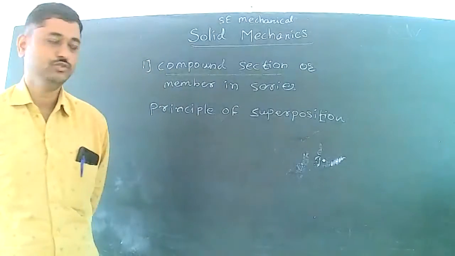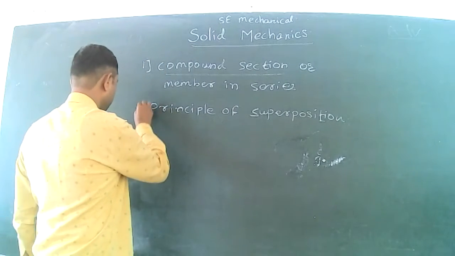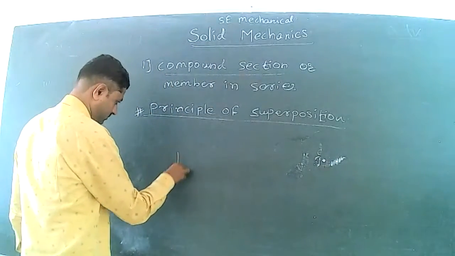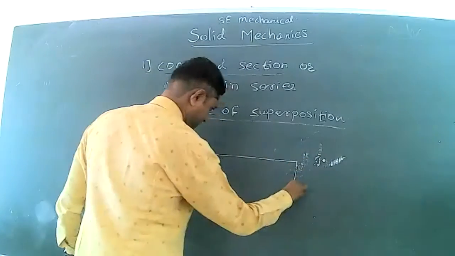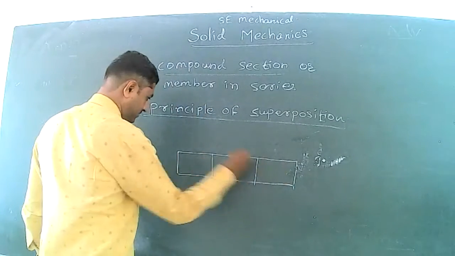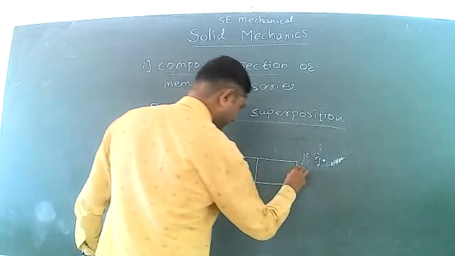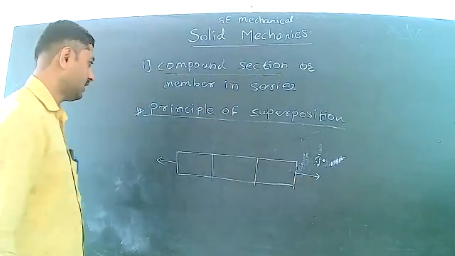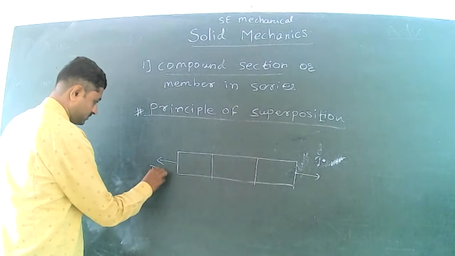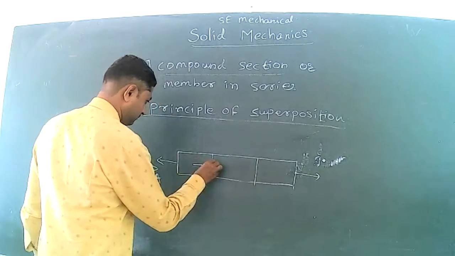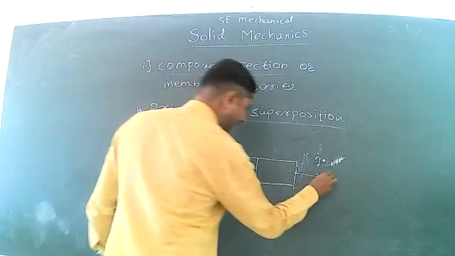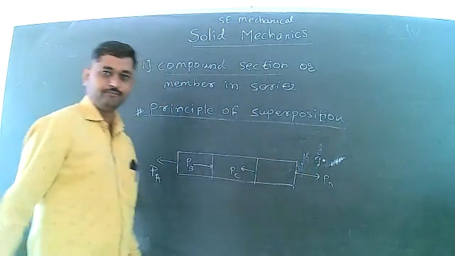What is the principle of superposition? For example, suppose three members of the same material are connected together and some forces or loads are applied: PA, PB, PC and PD.